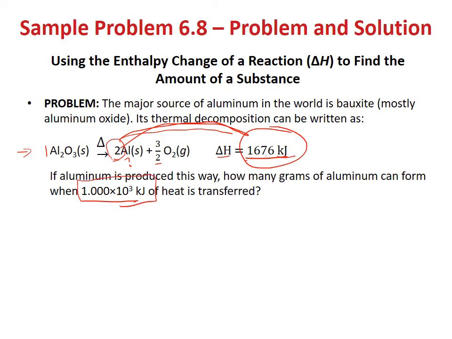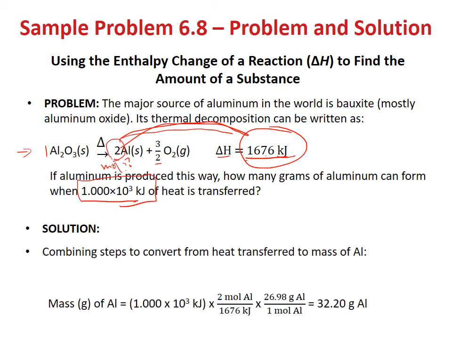Using this conversion factor, we can calculate how many moles of aluminum first. From moles of aluminum, we can calculate the grams of aluminum. So here we start with the heat that is transferred, and we use this conversion factor: 2 moles of aluminum is equivalent to 1676 kilojoule.